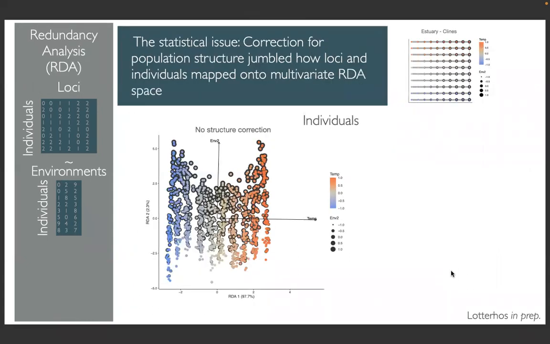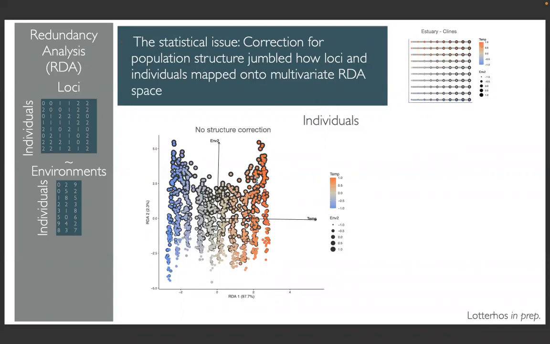So why didn't RDA work? Why did the structure correction work for univariate tests, but not a multivariate test? And what I've plotted here is how individuals now map in multivariate space, and I've colored them by their multivariate phenotype that evolved in the simulation.